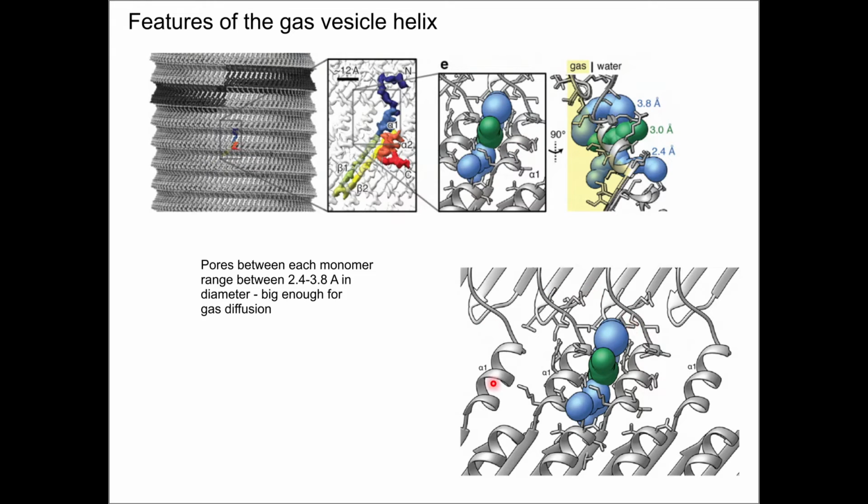This is a bigger picture of this one here. And the gaps are between 2.4 to 3.8 angstroms, which they believe is enough for gas to diffuse through and make it into the interior of the gas vesicle. They don't have any other experiment to test that, so you can only take it at face value, but that's their hypothesis.